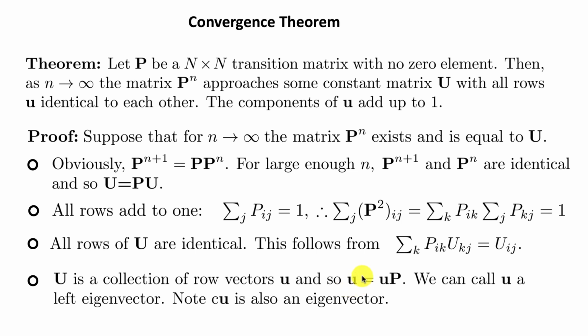Of course, the normalization of u is not fixed from this equation. In other words, any number times u will also be an eigenvector. These three properties follow very simply from this assumption that P to the power n exists and converges to U.